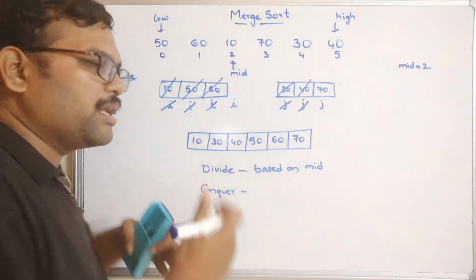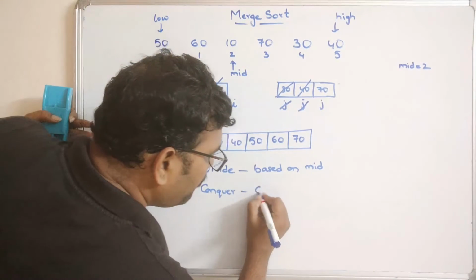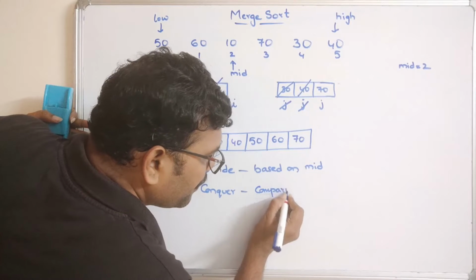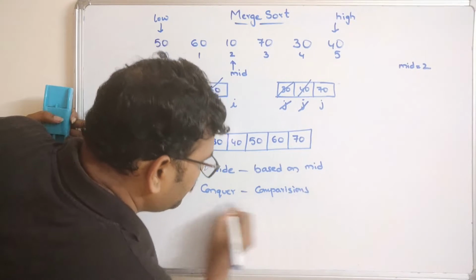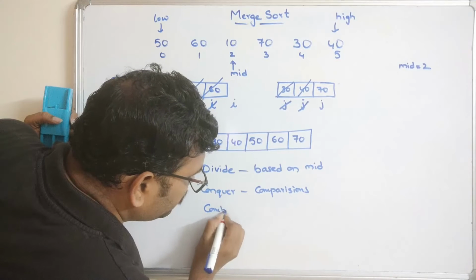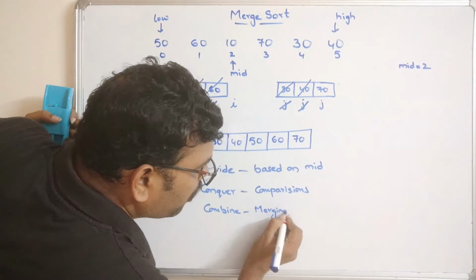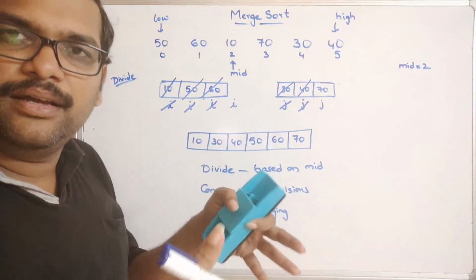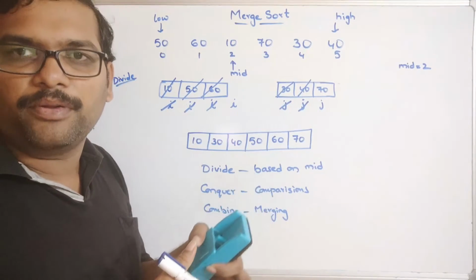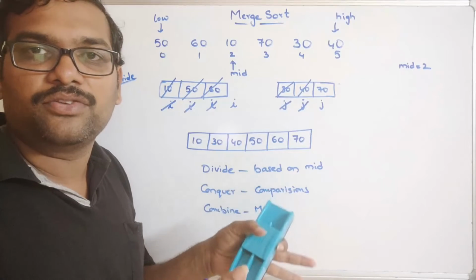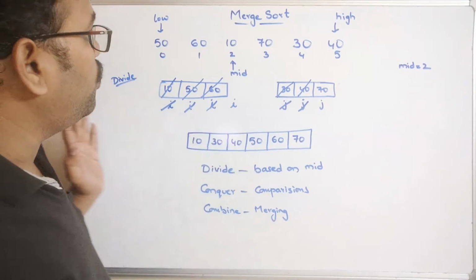Recursively we keep on solving by comparisons, and then combine. So we are merging or combining all the different subproblems so that we get the final solution, right? Hope you understood this one.